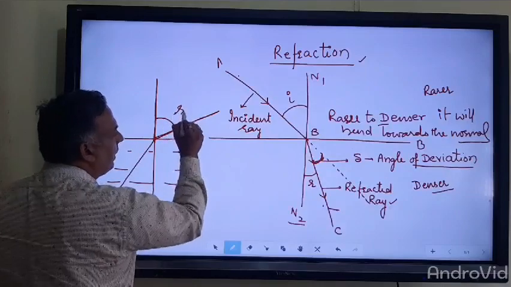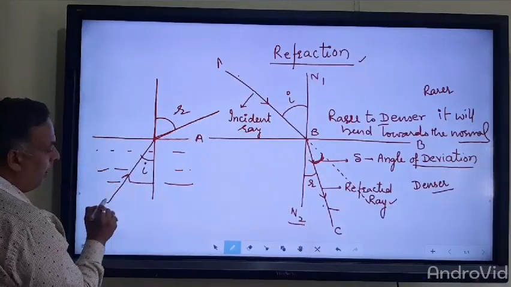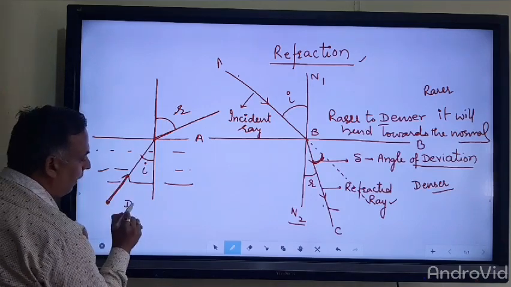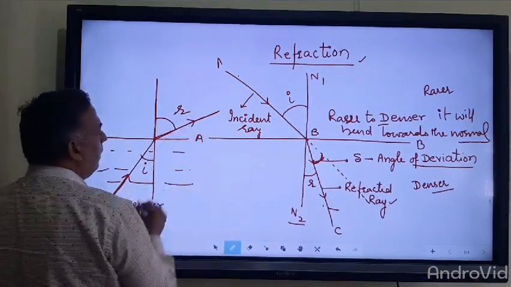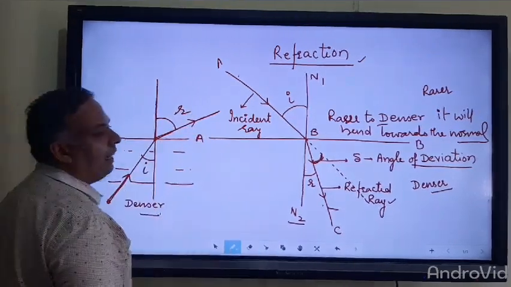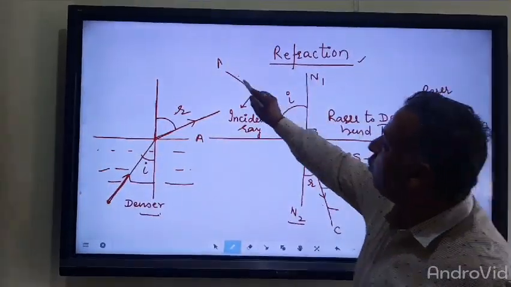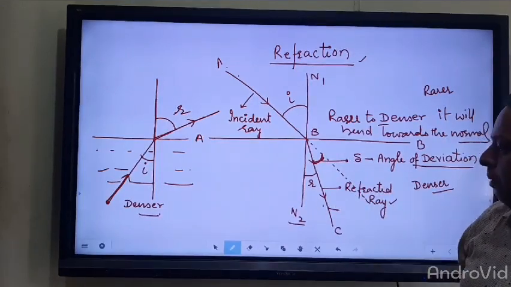This is now the refracted angle, this is the incident angle. So if the ray goes from denser to rarer, it bends away from the normal. But if it goes from rarer to denser, it bends towards the normal.